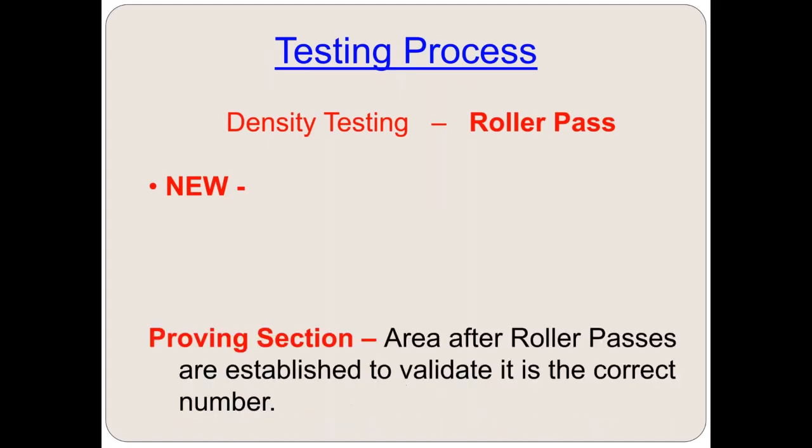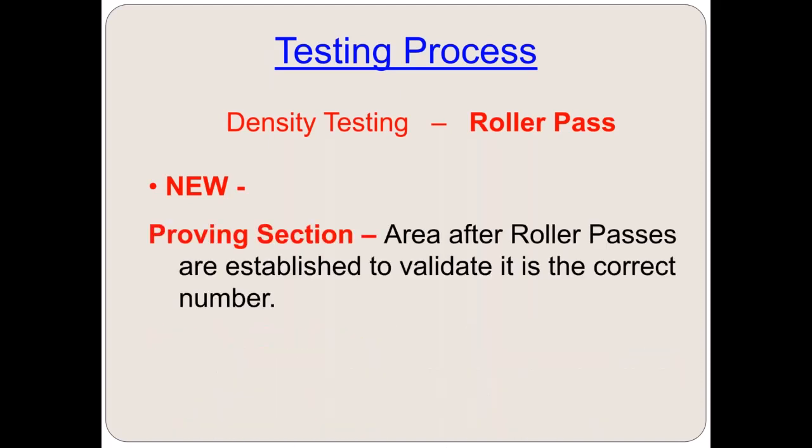We'll move on to the roller passes. What's new for the roller pass is that used to, when we came out with an established number of roller passes, the technician was finished. But this year we're going to have a proving section.